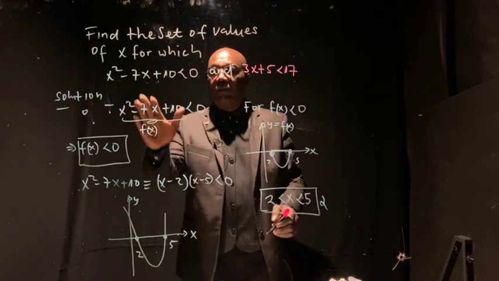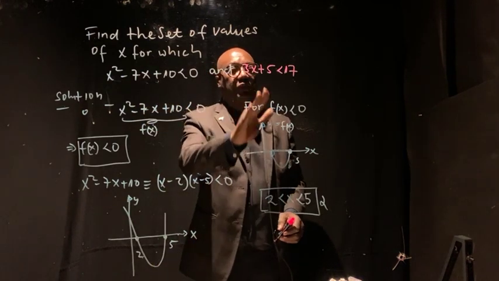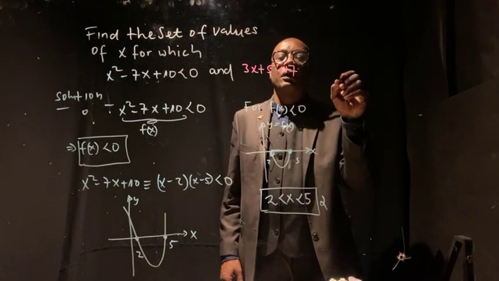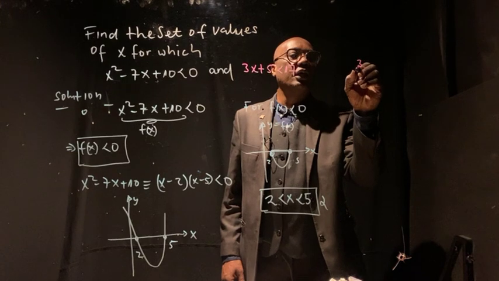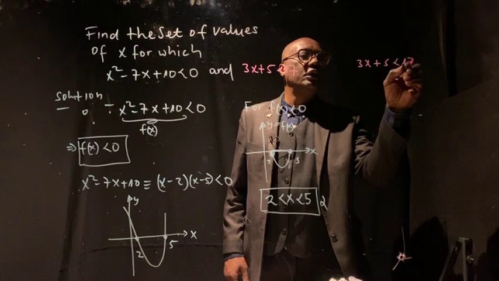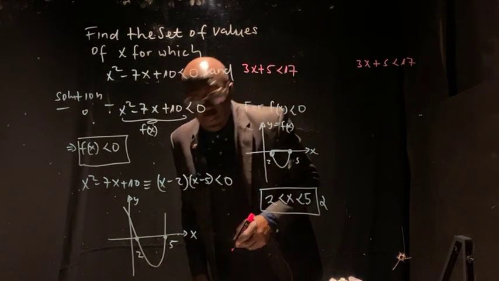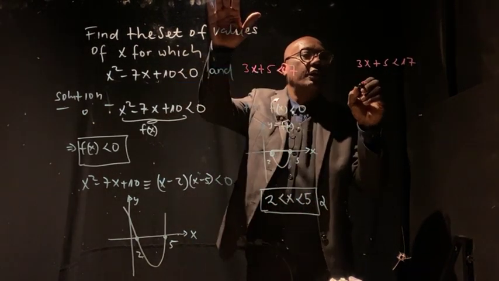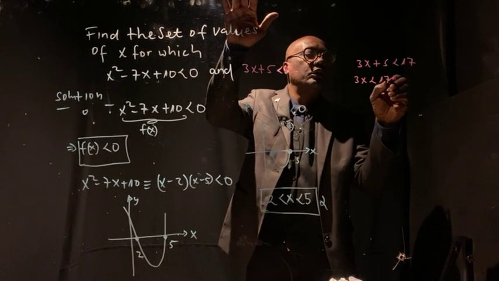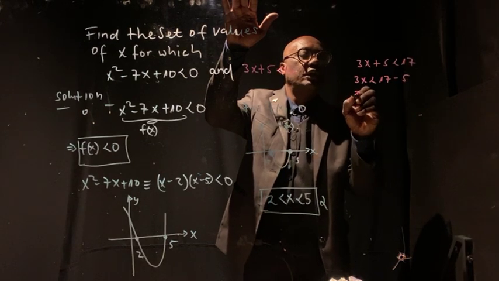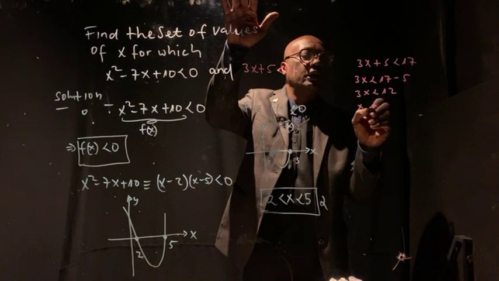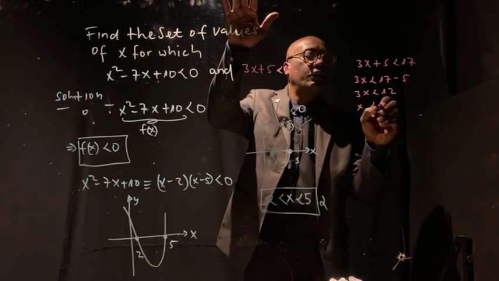Picking 3s plus 5 is less than 17, we have 3s is less than 17 minus 5, which is 3s is less than 12, which is s is less than 4.